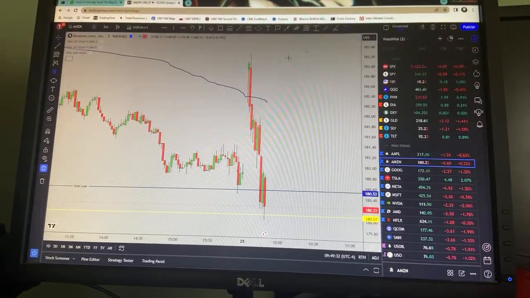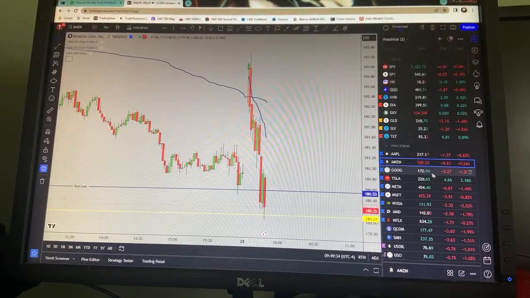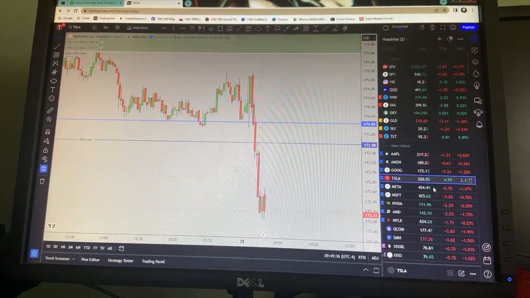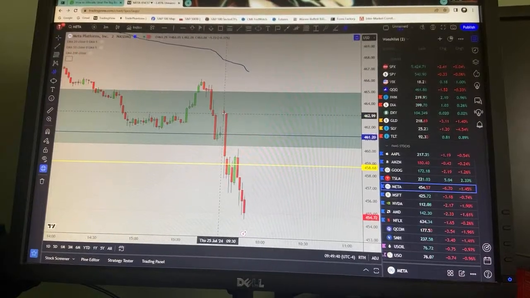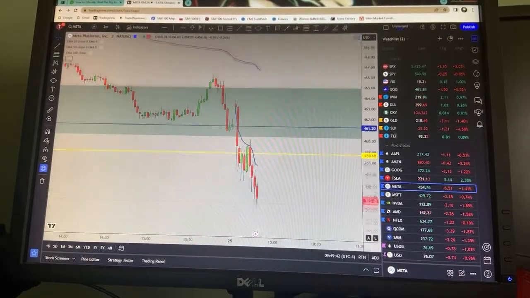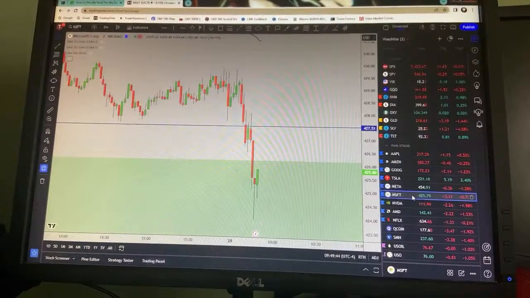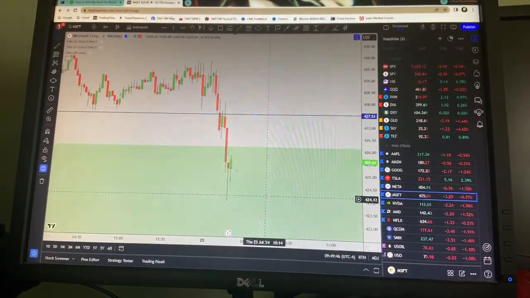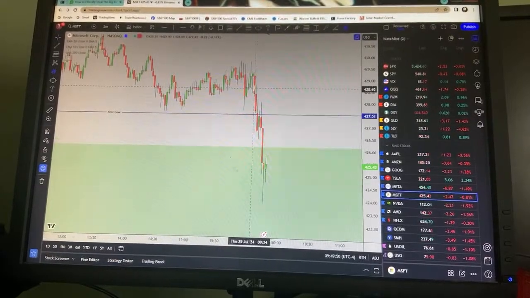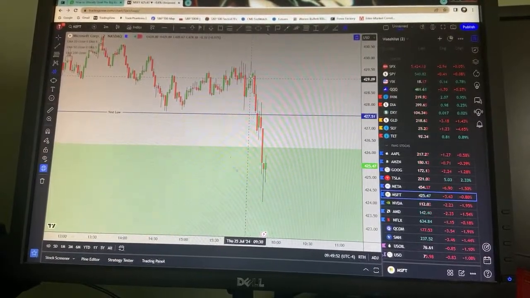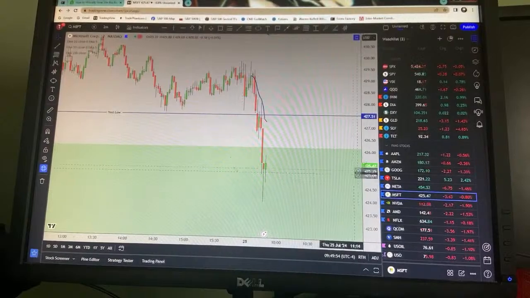Amazon. So FANG is not having a good time here today again. Continuation, all FANG out on day so far, other than Microsoft. It's still down on day, but Microsoft has that level right here, that daily level.